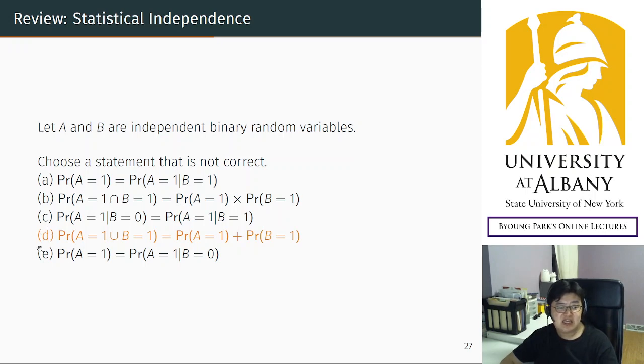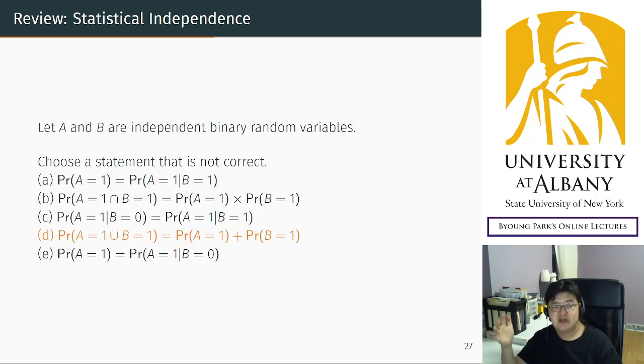But D here has nothing to do with statistical independence. This is the special rule of addition, which holds if A and B are mutually exclusive, which has nothing to do with statistical independence.